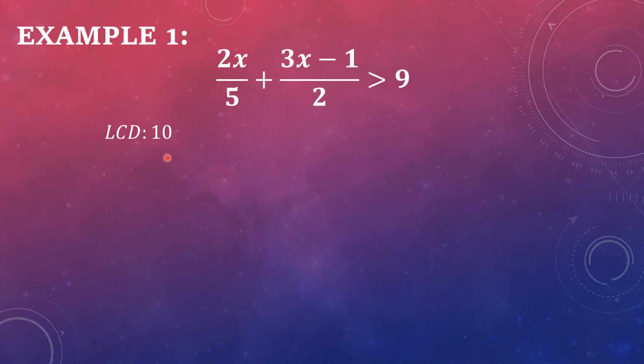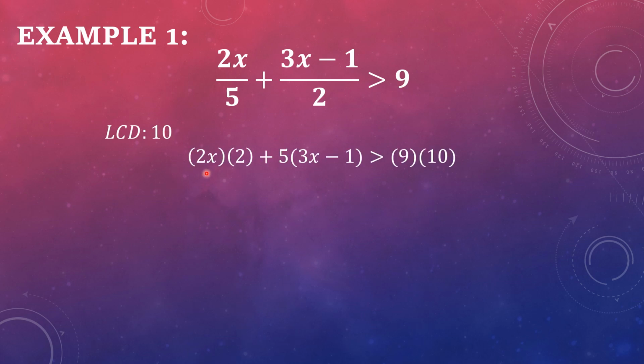Okay, same process, we will divide the LCD by the denominator times the numerator. So LCD 10 divided by 5, which is 2, times 2x, plus LCD divided by 2 is 5 times the numerator 3x minus 1, greater than 9 times the LCD 10.